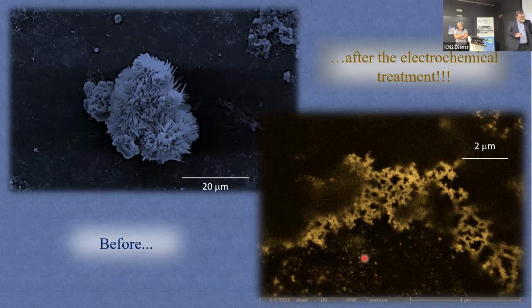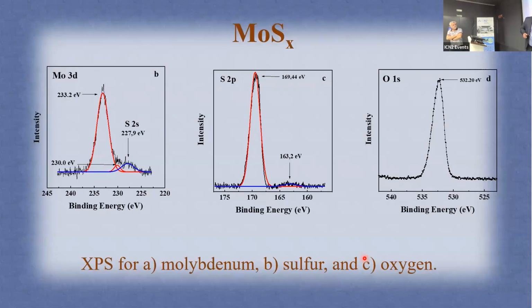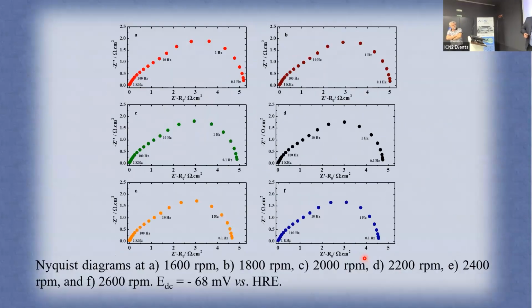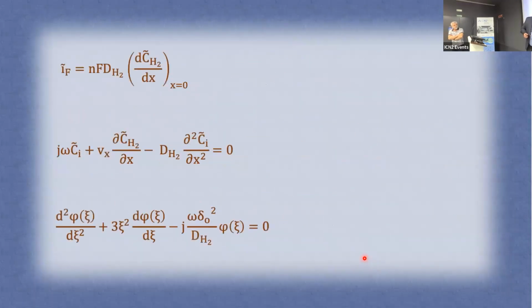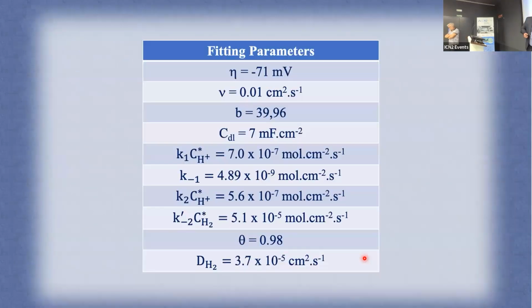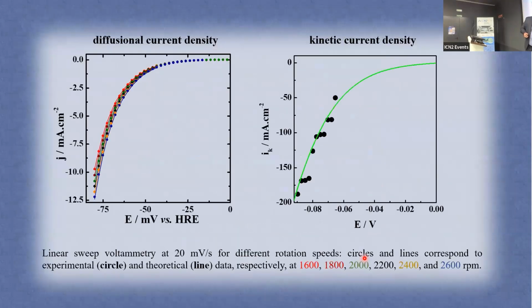Mm-hmm. We can observe this, not only in the model, but in the experimental data. Look at this. We have changed the rotation speed. We can observe the change in current as a function of the rotation speed.